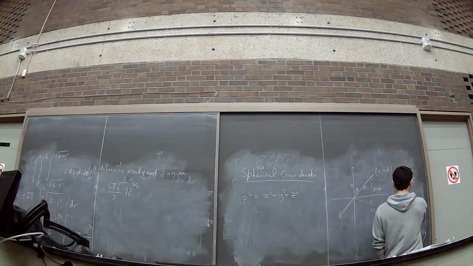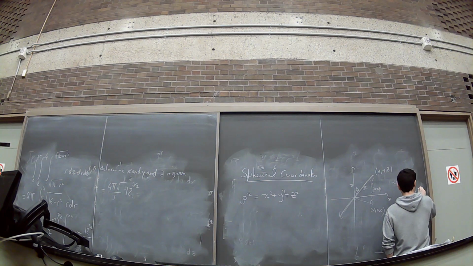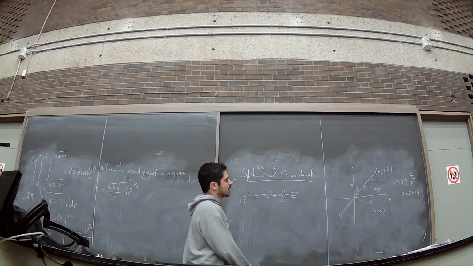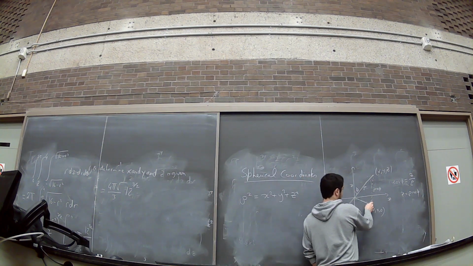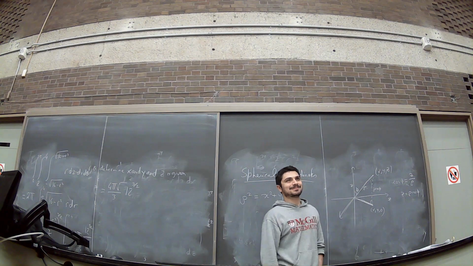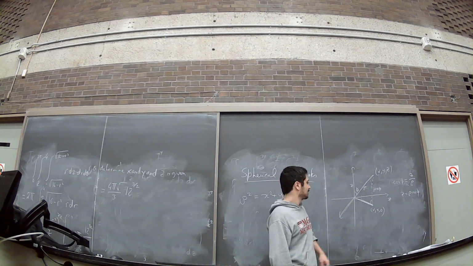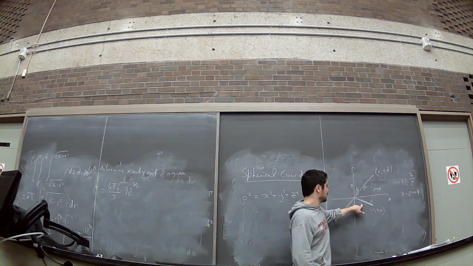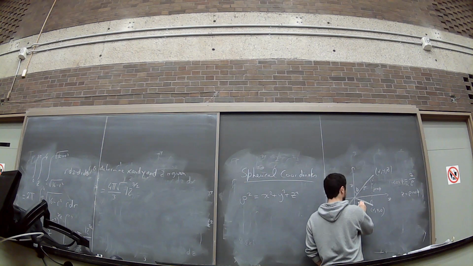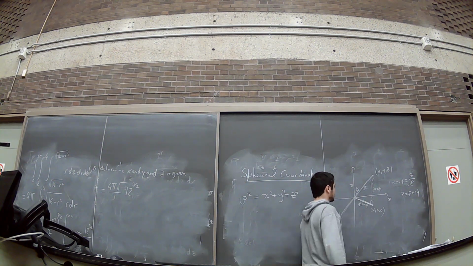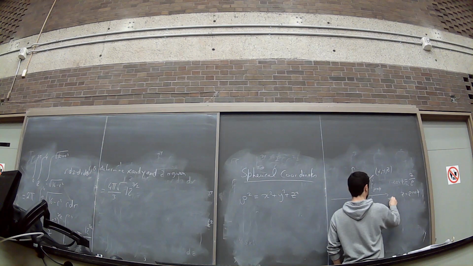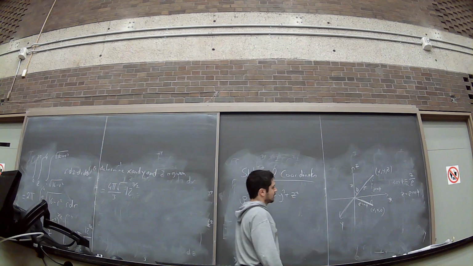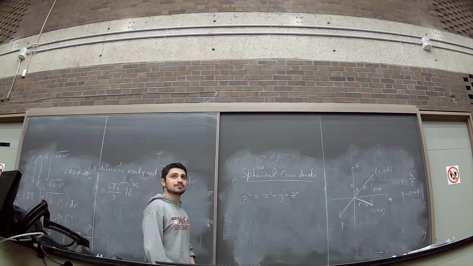Then, okay, what is this? This is rho cosine phi. What is this? Rho sine phi, right? This length is rho sine phi. Oh, this is x, sorry. This is y. X. Agree or not?